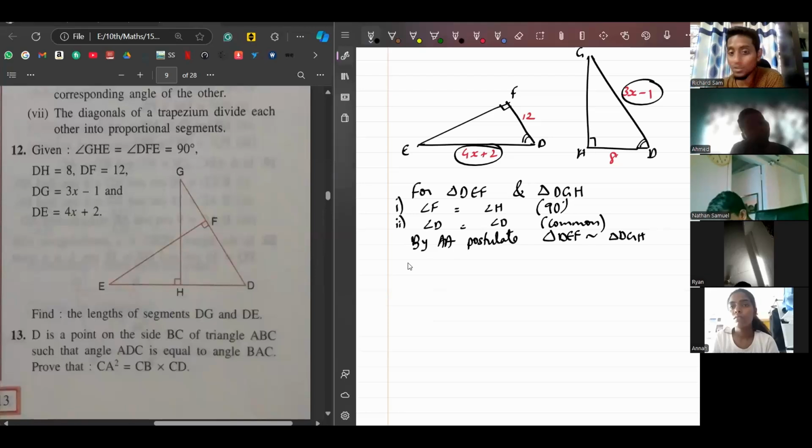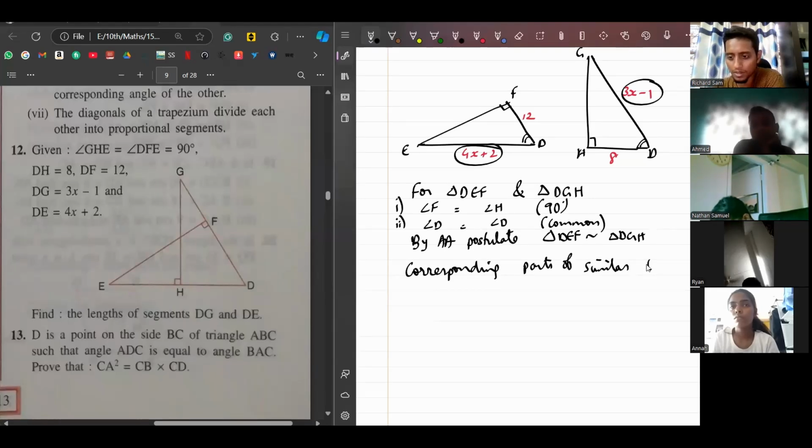All right. Now, since the two triangles are similar, the corresponding parts of the similar triangles are proportional. You have to write the statement, no? Yesterday also we wrote the statement. Corresponding parts of those two similar triangles are proportional.